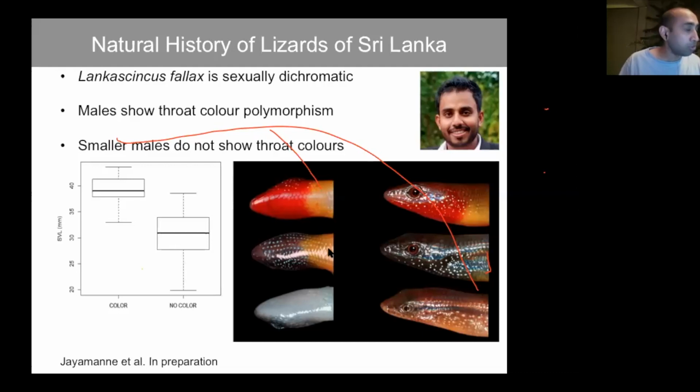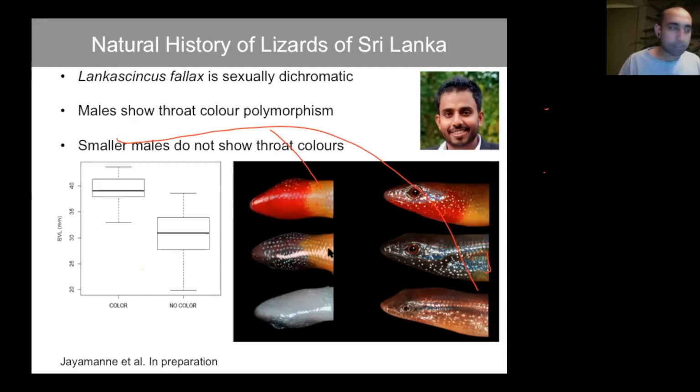So, and not only that, males seem to have two different throat colors. So one with this red throat color, the entire head region is red with white spots. And then another group of males will have black throats with white or blue colored spots. So we were initially not sure whether these belong to the same species or not.